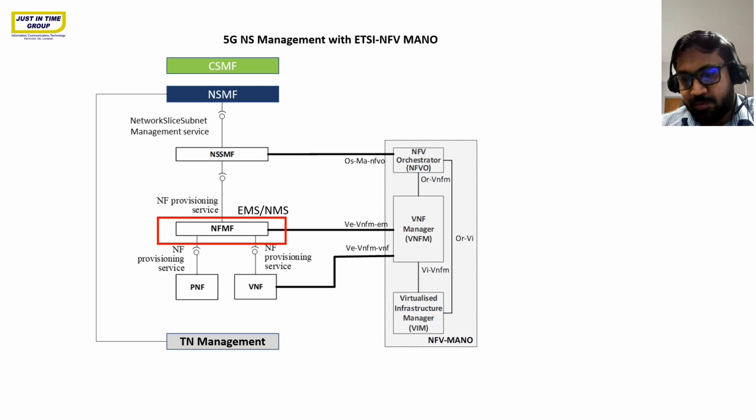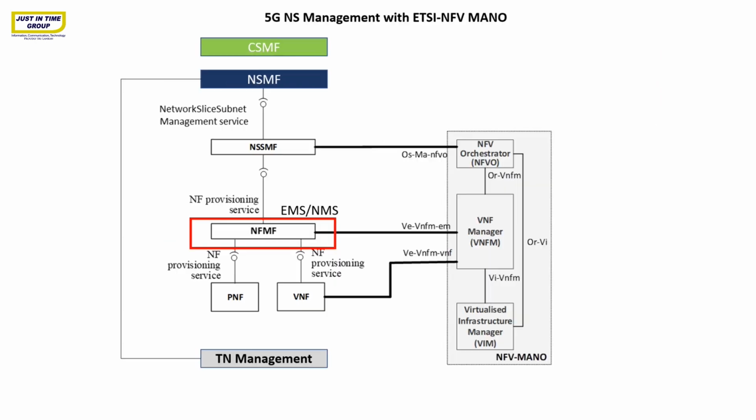Then you need some sort of a VNF manager that will take care of different VNFCs or virtual machines. On top of that, you can have an NFV orchestrator that will orchestrate different virtual network function components, that means different VNFs, and stitch them together.